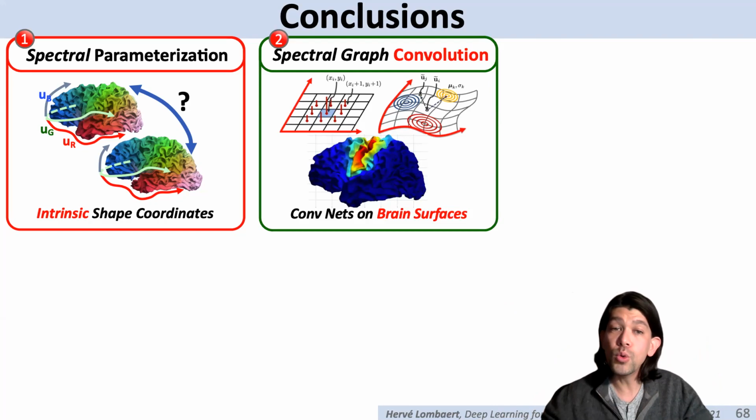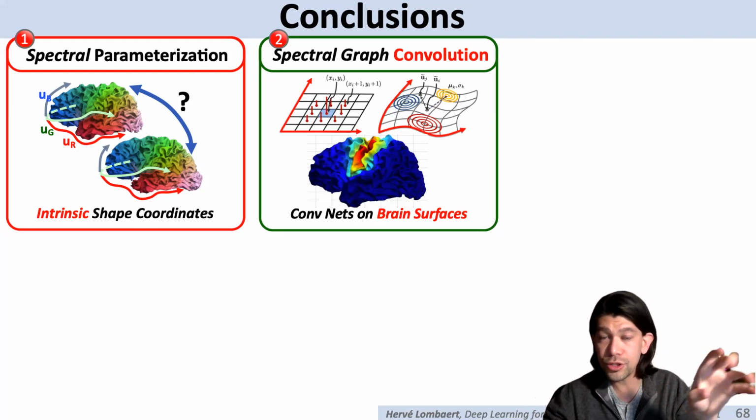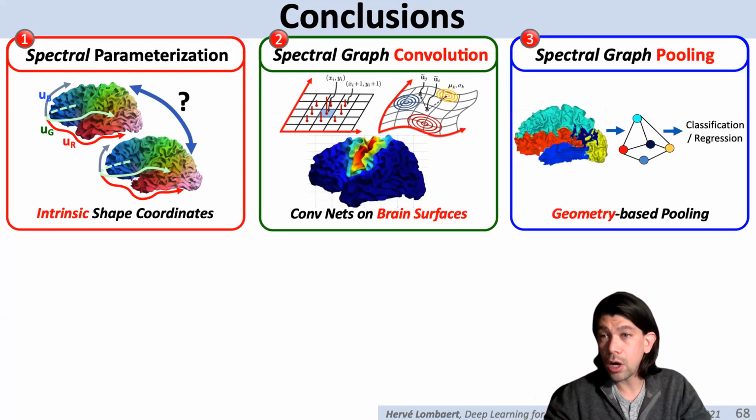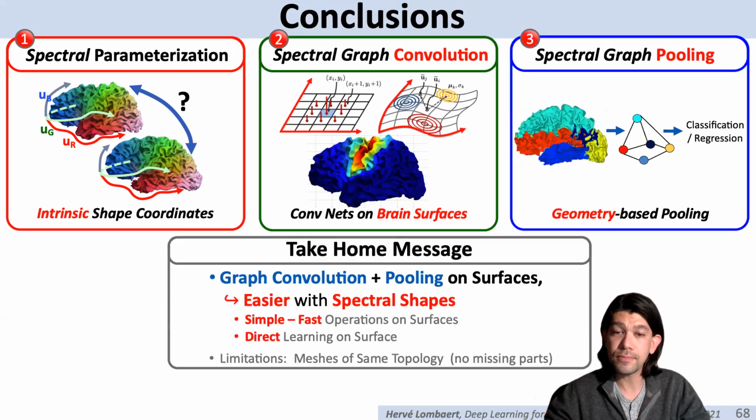And by rethinking, we moved everything to the spectral domain, a bit like the vibration modes. It's a simple change in terms of code or math, but a fundamental change in how the algorithm operates. So we can have convolutions directly on the surface, and we saw how to do pooling as well on the surface.